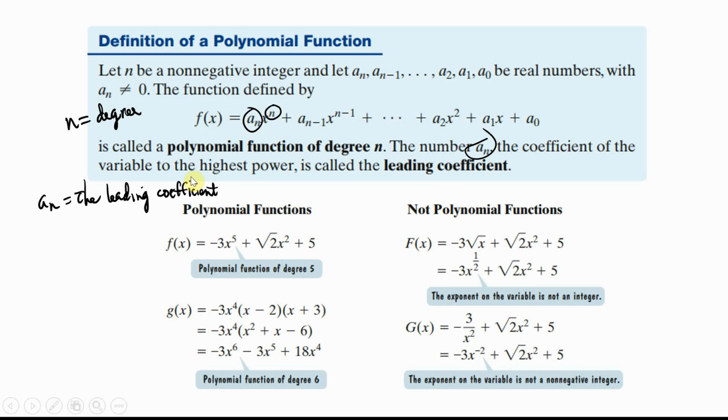It'll be important because we'll talk about the leading coefficient test. So now a sub n, don't be scared about that. It's just the number that's associated with x to the n.